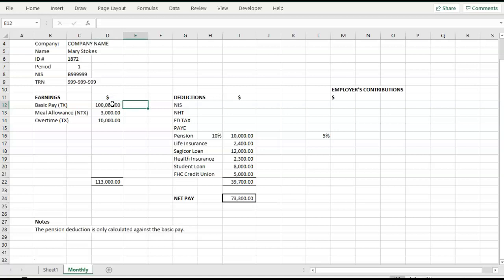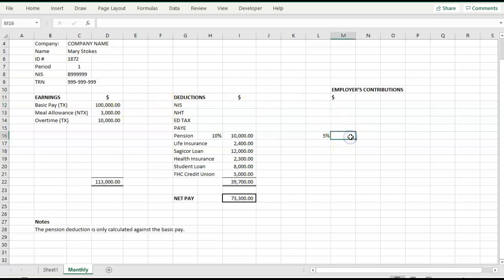Now you'll find that some small businesses, rather than buying a payroll package, will use Microsoft Excel to calculate salaries because of the beauty of being able to formula each element.